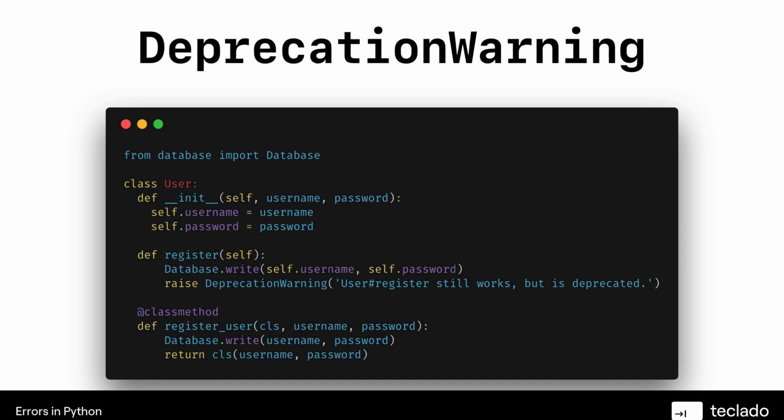Then we've got a class method called register_user, and that takes in a username and password, writes them to the database, and returns an object of type User. I like this second one better, that's why it's in this example. But nonetheless, it was just to show you that you can raise a deprecation warning in any of your methods to tell whoever uses it that, hey, this is no longer the accepted way of doing things.